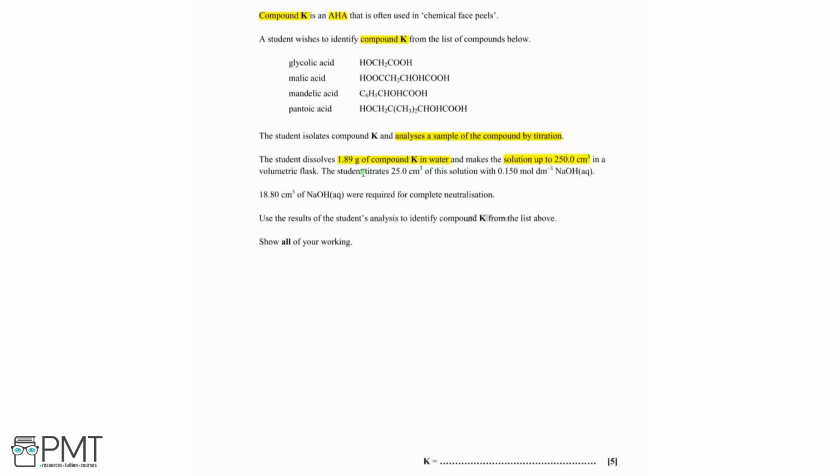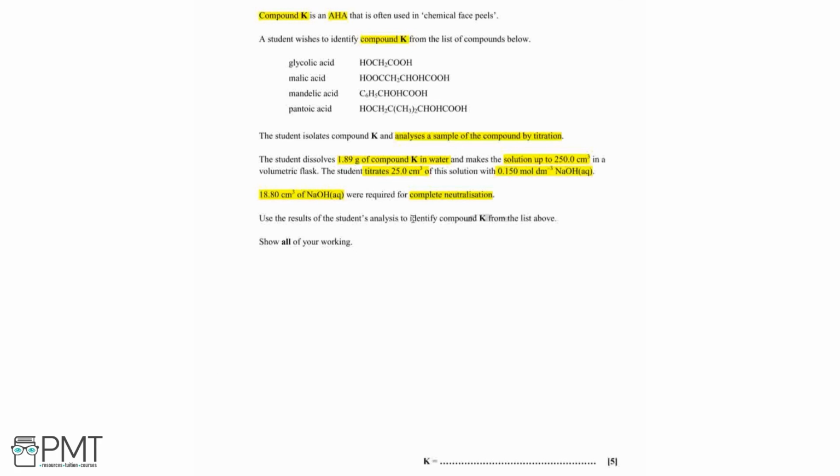The student then titrates 25 centimeters cubed of this solution with 0.150 moles per decimeters cubed of aqueous sodium hydroxide. And we are told that 18.8 centimeters cubed of sodium hydroxide was required for complete neutralization.